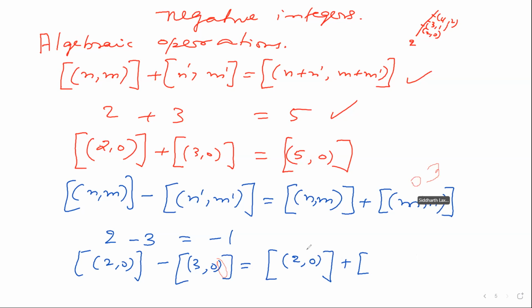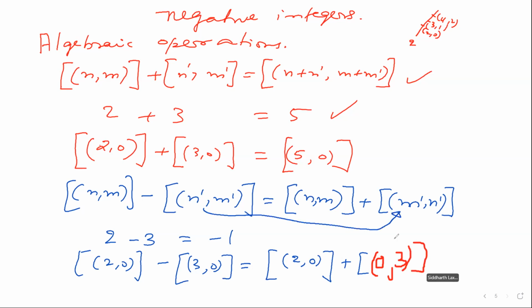So 0, 3, you mismatched. Good. I didn't know that there is a flipping there. Follow? So good. And according to this, it will be 2, 3, which represents minus 1, doesn't it?